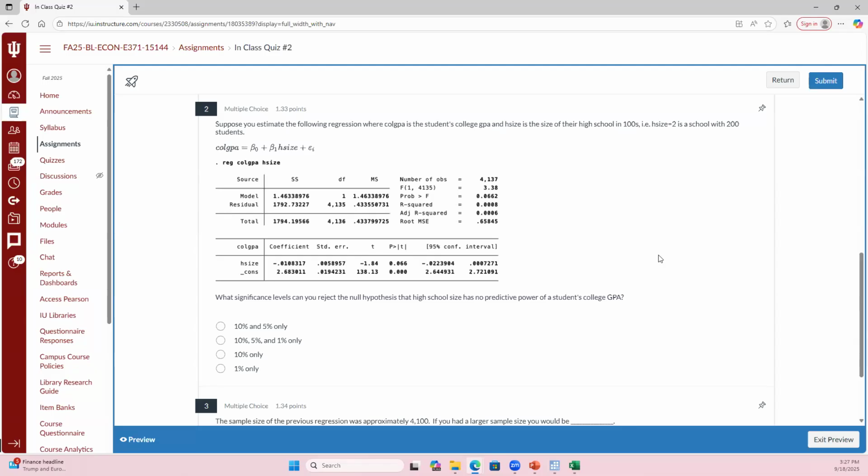I can just compare that to my benchmark values of 90, 95, 99%, which are alphas of 0.1, 0.05, and 0.01. So if I go back and look at this output, at what levels would I say that high school size has predictive power for college GPA? Or at what significance levels would I say that it has no predictive power?